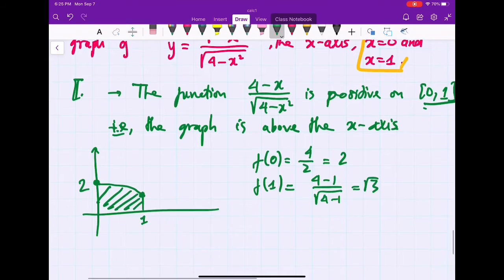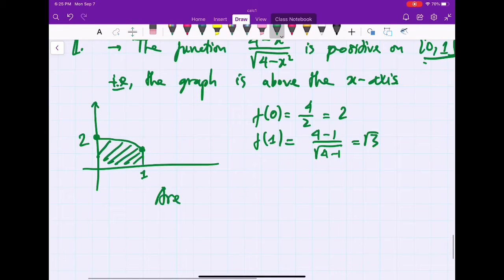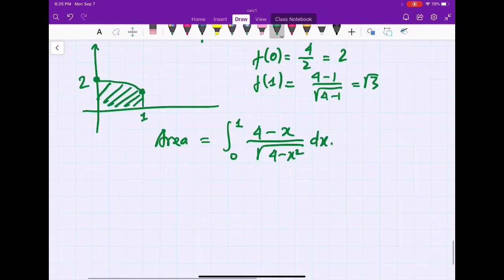So we are good. The area is equal to the definite integral from 0 to 1 of the function (4 minus x) over square root of (4 minus x squared) dx, right? We know about this function already in the practice test. We need to break this function into 2. So I have 4 times dx over square root of 4 minus x squared.